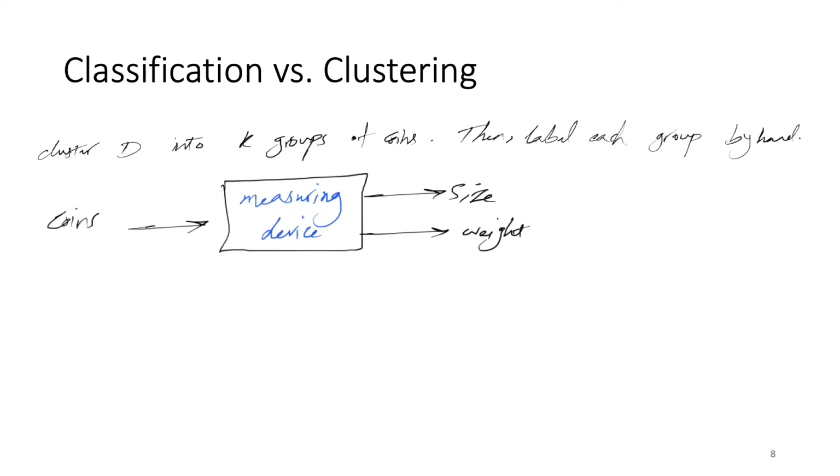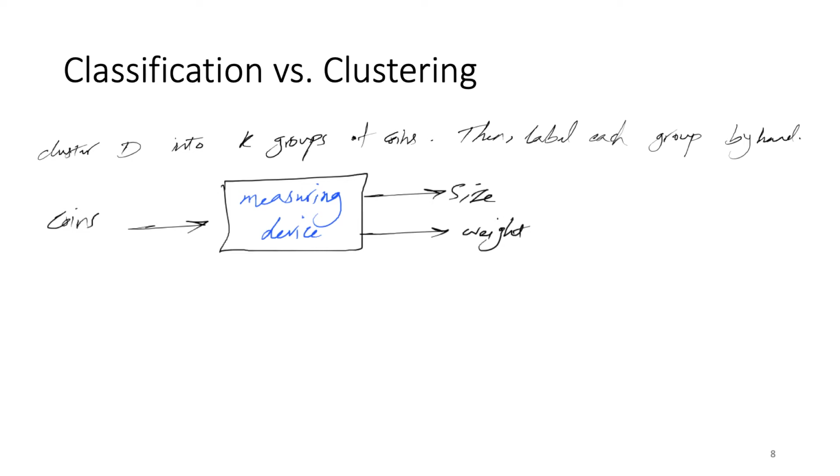If you recall from the first or second session, I was talking about a vending machine or ATM-like machine that accepts coins. Inside, it has a measuring device that measures both the size and the weight of the coins being inserted into the machine.